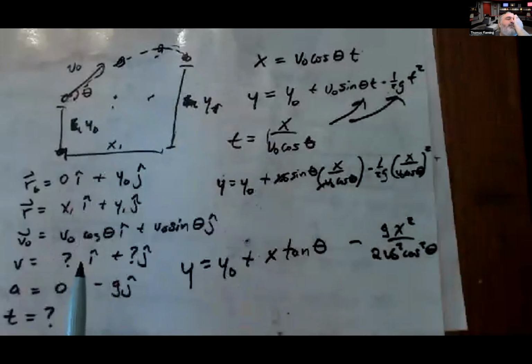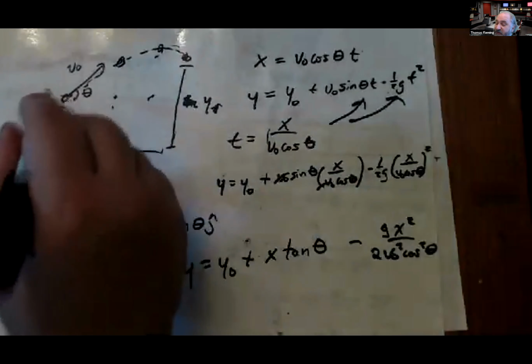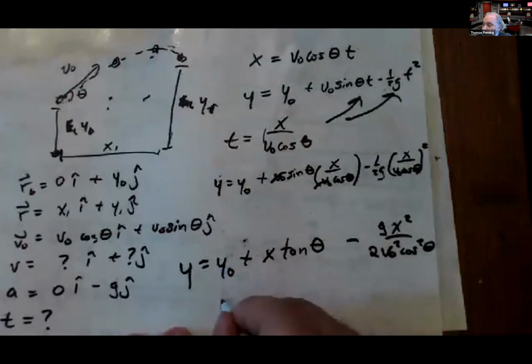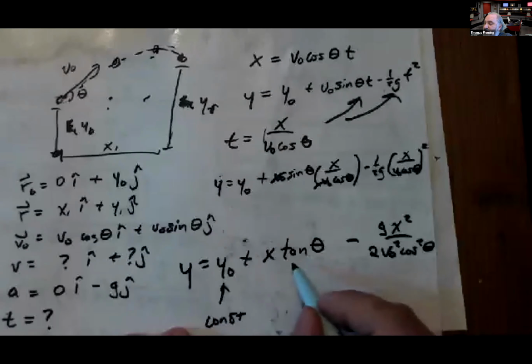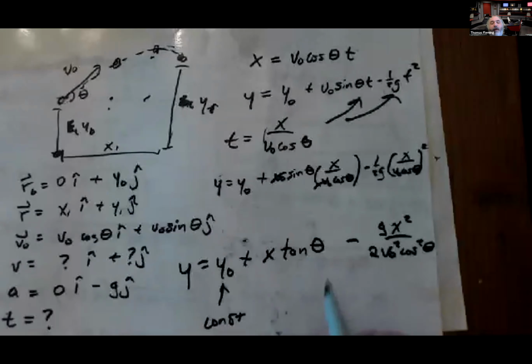But wait a second. Y initial, that's a number. It's a constant. It's not changing. The tangent of theta, well, I'm picking one angle to shoot it at, and so theta is a number that's not changing. So this is x times another constant.